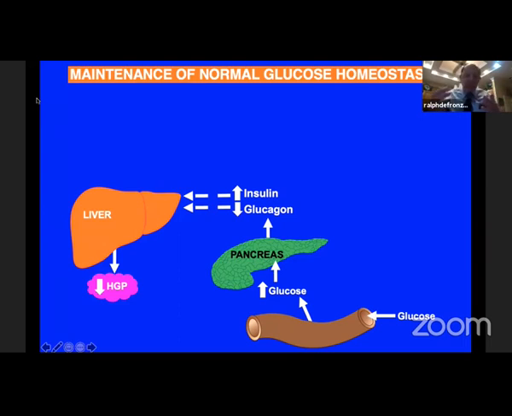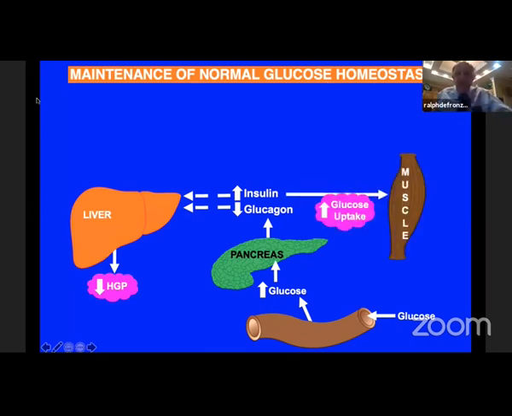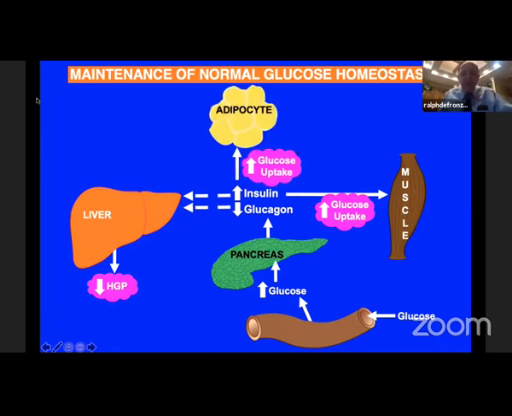So when glucose is coming in from the gastrointestinal tract, it's very important that we shut down glucose production from the liver. Now, this increase in insulin concentration, I think everybody's familiar with this, leads to an increase in glucose uptake in muscle. But we also know that the hyperinsulinemia plays a very, very important role in adipocyte metabolism.